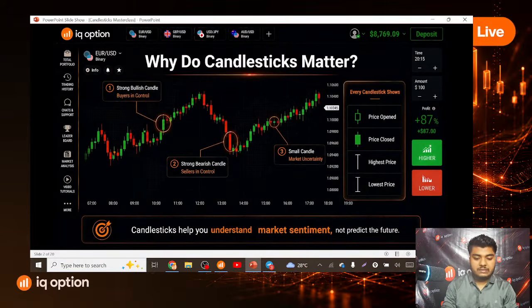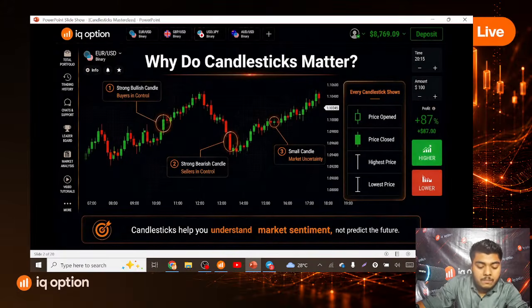Before we learn different candlestick patterns, let's first understand why candlesticks are so important. Every candlestick tells us a story about what happened during a specific time period. It shows us where the price opened, where it closed, and how high and how low it moved. More importantly, it helps us understand the battle between buyers and sellers.